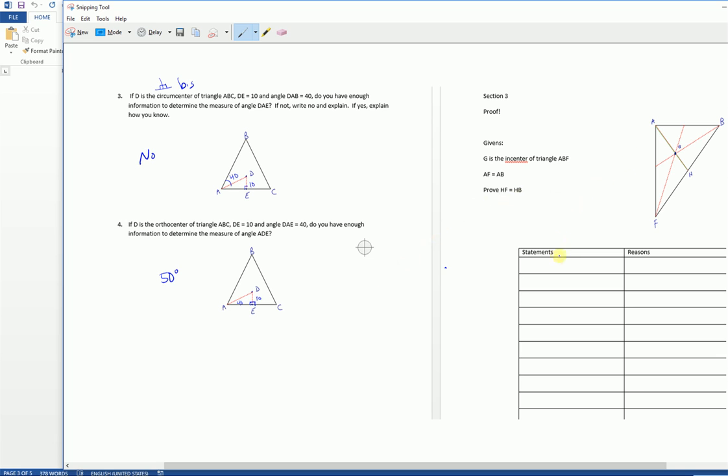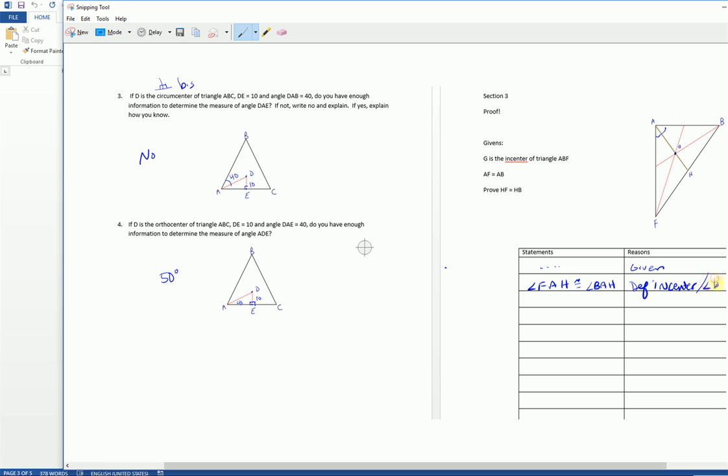The proof, let's see. I think I provided some information here, but I had a whole bunch of givens. And then we started talking about these angles here. So we said that angle FAH was congruent to angle BAH, and we could have said anything such as the definition of an in-center is made up of angle bisectors.